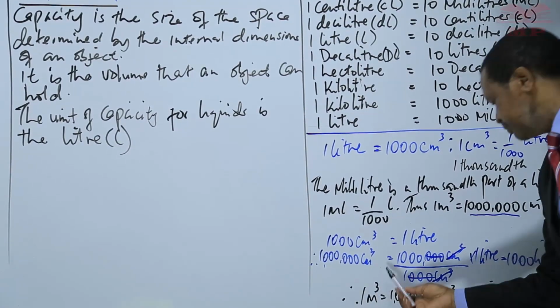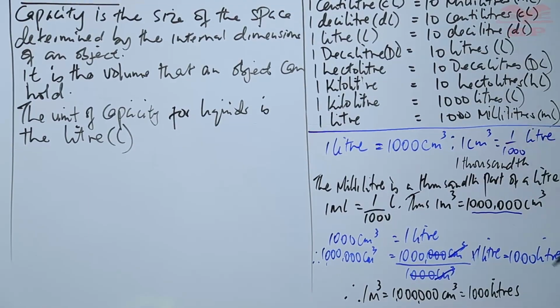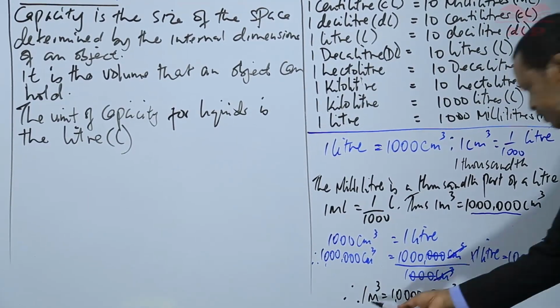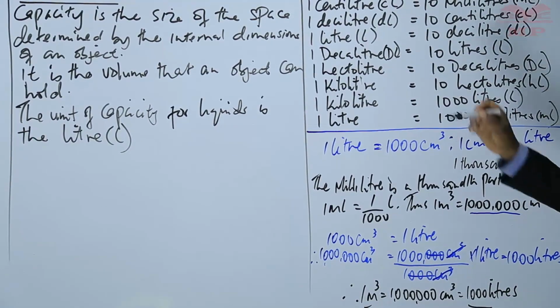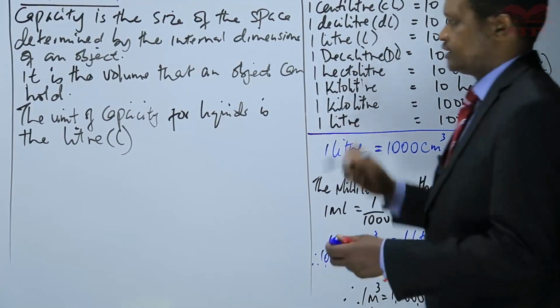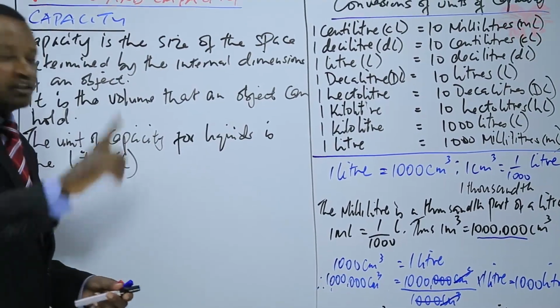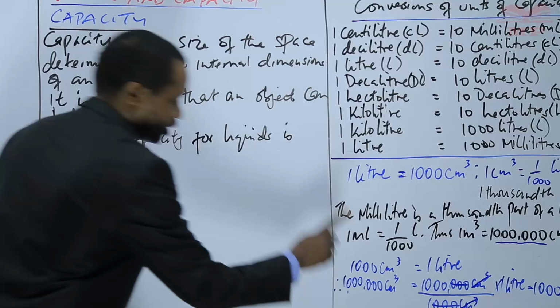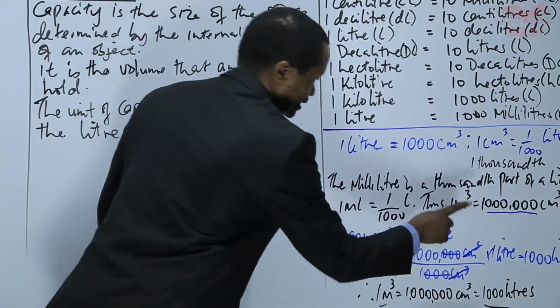1 cubic meter is equal to 1,000 liters. Learners, a very important conversion. 1 cubic meter is equal to 1,000 liters.